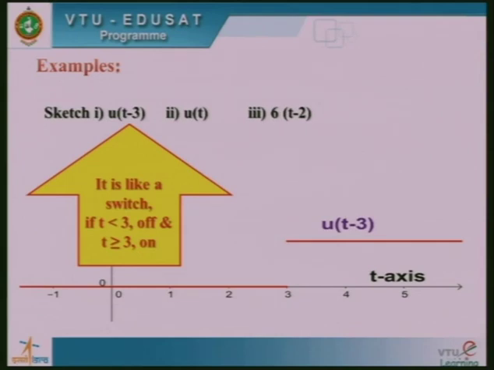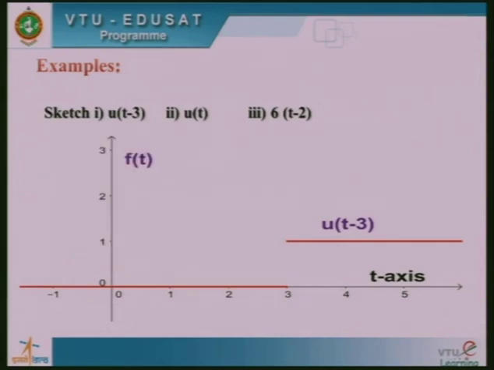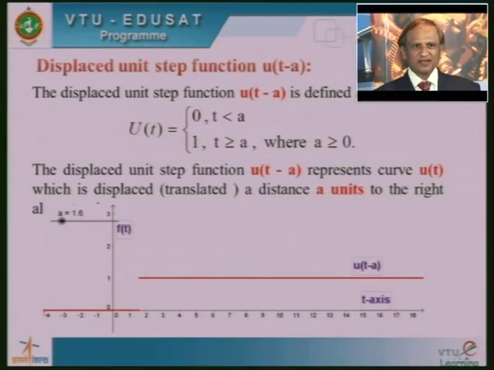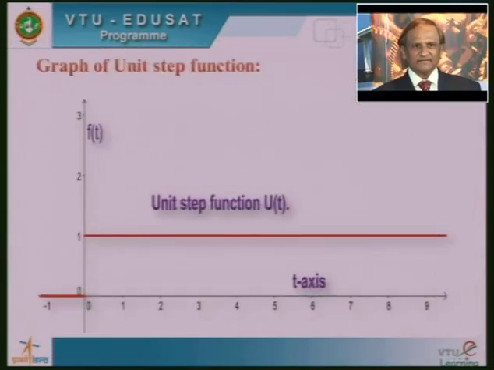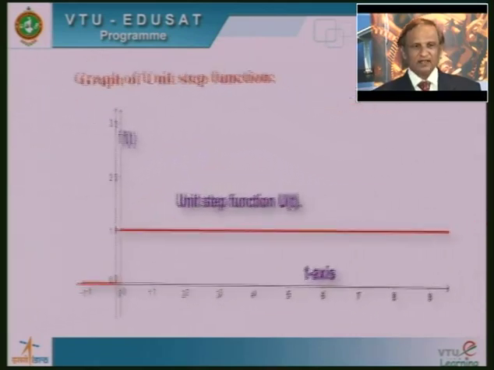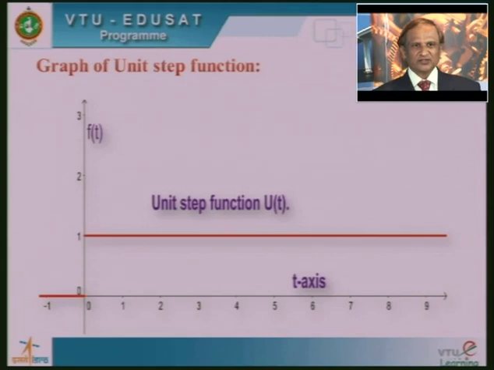Once you are able to denote a unit step function, let us look at the graph of the unit step function. As I have mentioned, when t is less than 0, you can observe in this graph that it is 0.